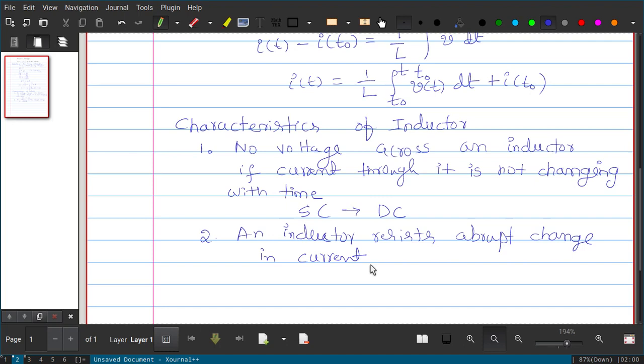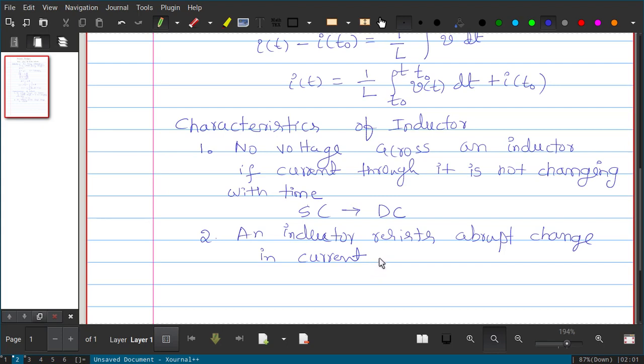Whatever current is flowing at t equal to 0, the same current will flow at t equal to 0 plus, where t equal to 0 plus indicates soon after that moment, soon after t equal to 0. So that means you cannot change the current flowing in an inductor instantaneously, but in a resistor you can.